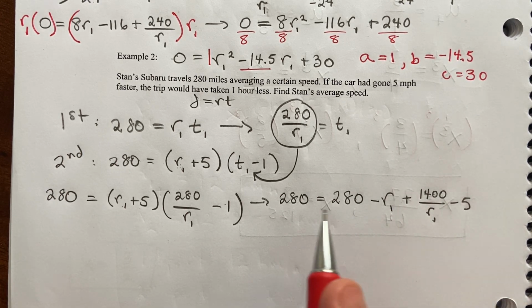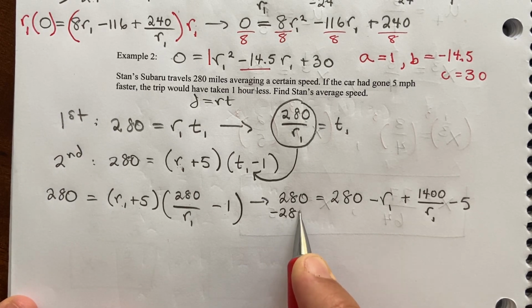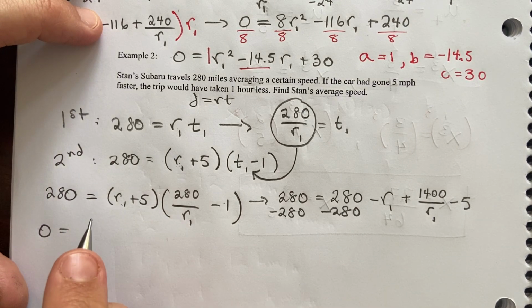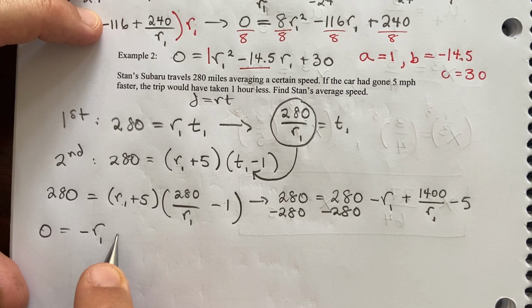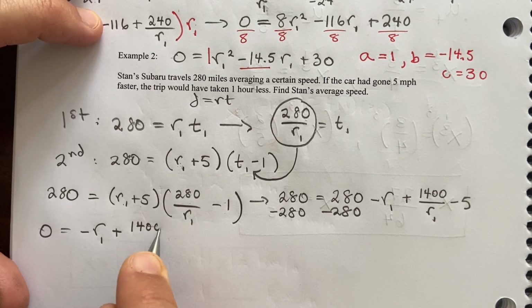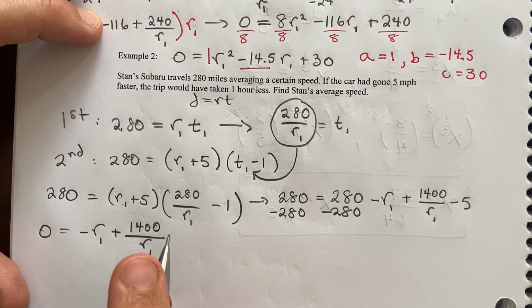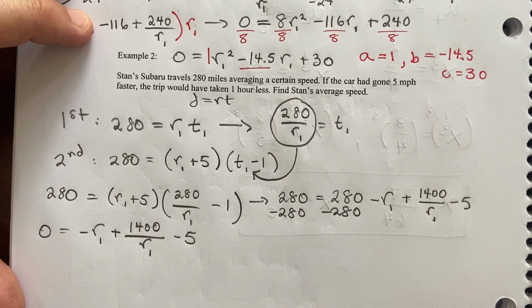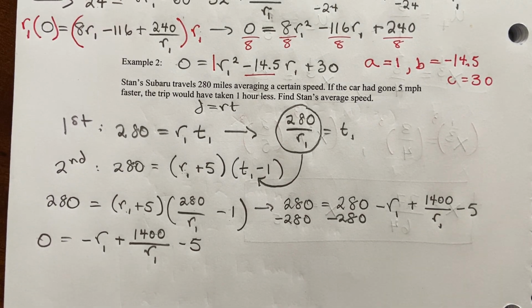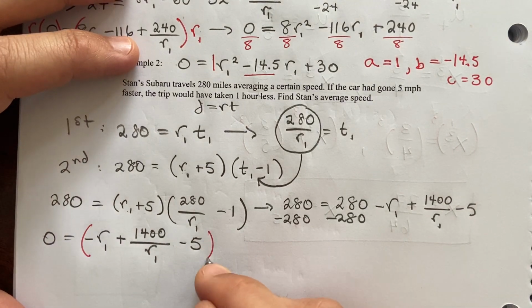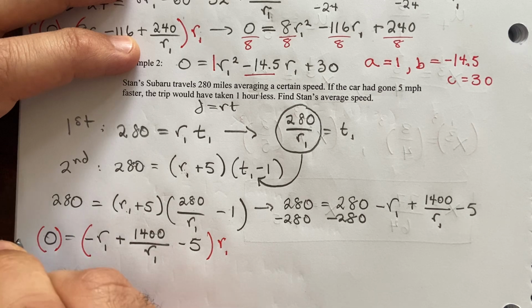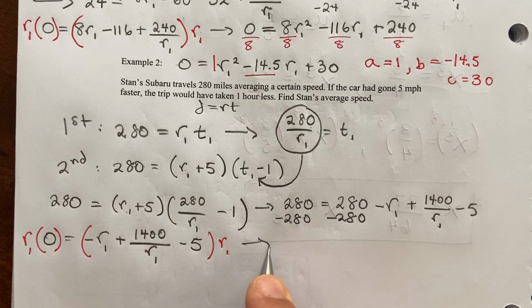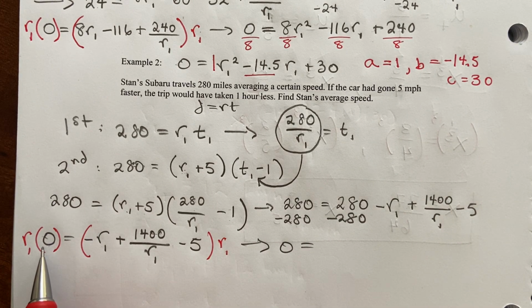All right, I'm solving for R1. Maybe I'll go ahead and subtract the 280. So I'm seeing 0 equals negative R1 plus 1400 over R1 minus 5. Right? And what I'll do again is I'll multiply through by R1. So distributing R1 again, I get 0 still, R1 times 0 is 0.